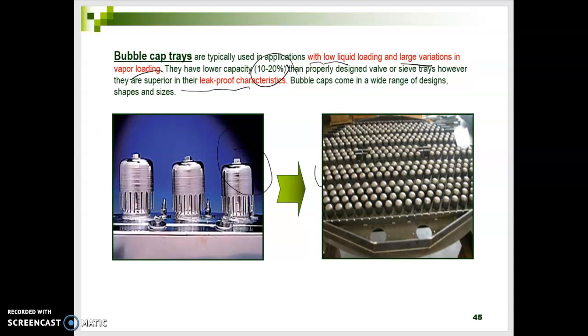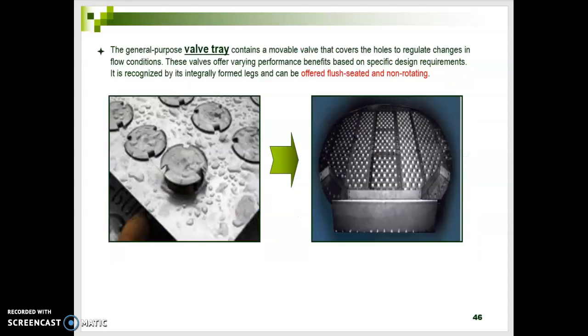Bubble caps come in a wide range of designs and shapes. Lastly, the valve tray contains movable valves on the plate of the tray. The valves offer varying performance benefits based on specific design requirements, and can be offered flush-seated and non-rotating.